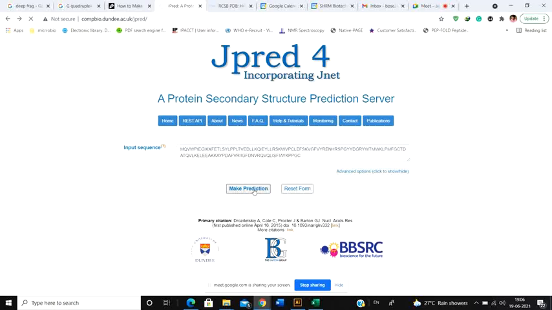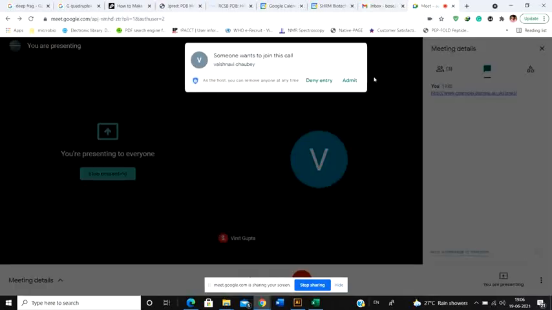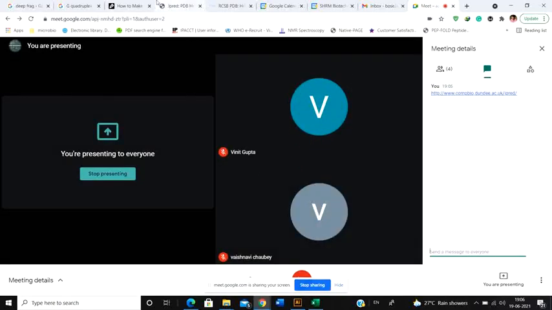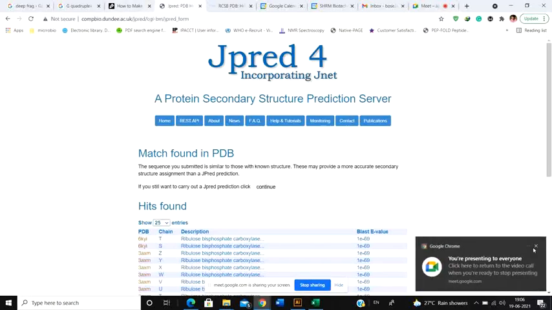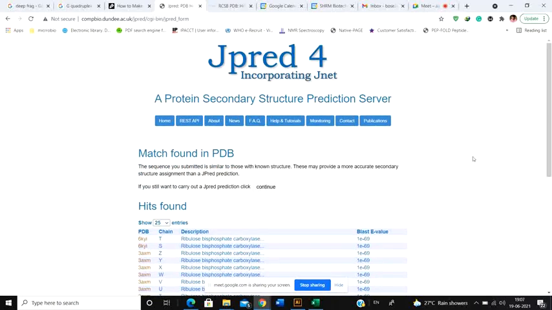Now it is going to find out whether your protein has any similarity with other proteins in other databases. Remember, we talked about the protein databases, right? They house all the information about particular proteins. All the proteins whose structures are solved are stored in that database.